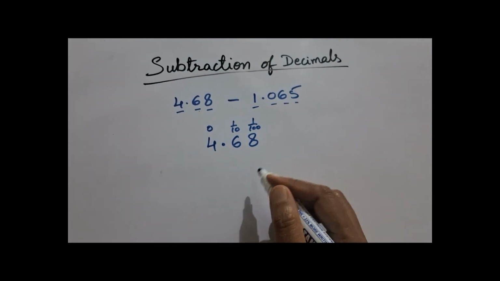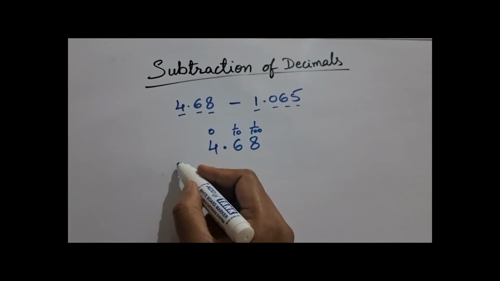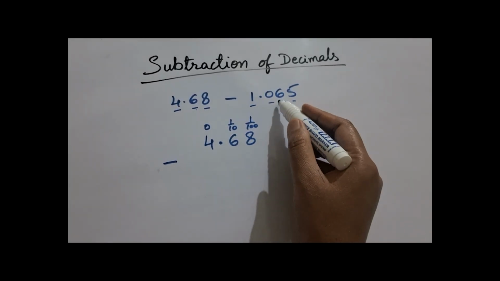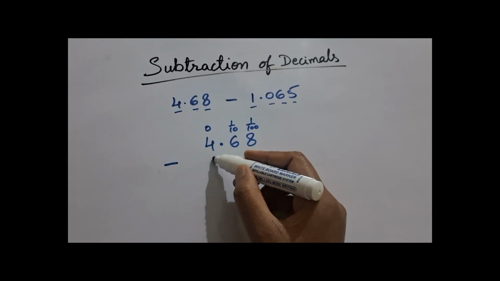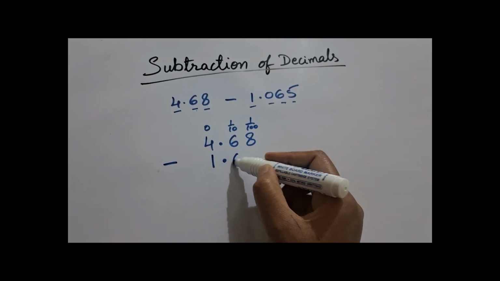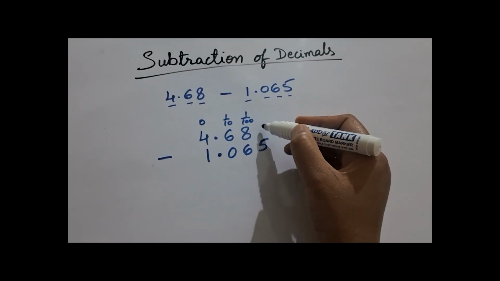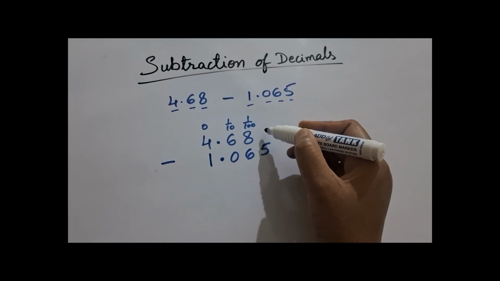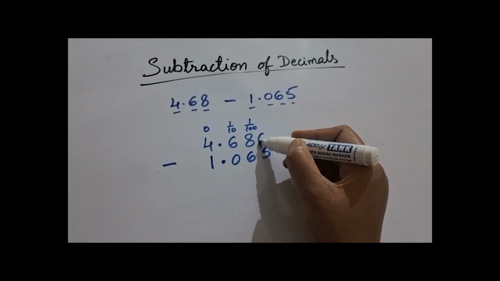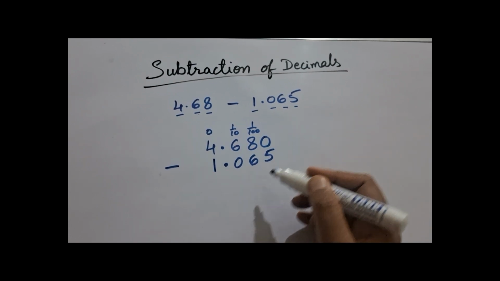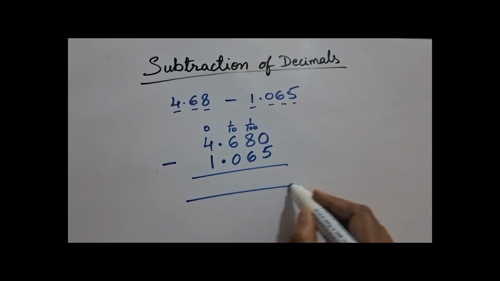Okay children. Now subtract 1.065. And here one place is missing. What is the meaning of that? That means this place is having 0. Okay. Now we need to subtract.